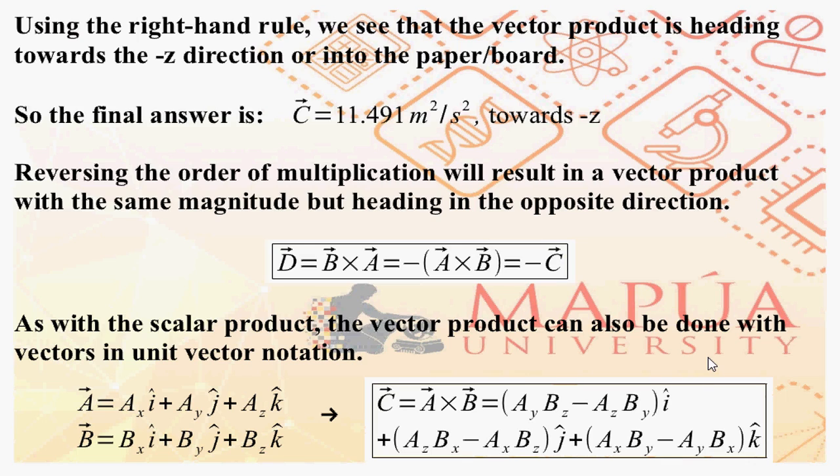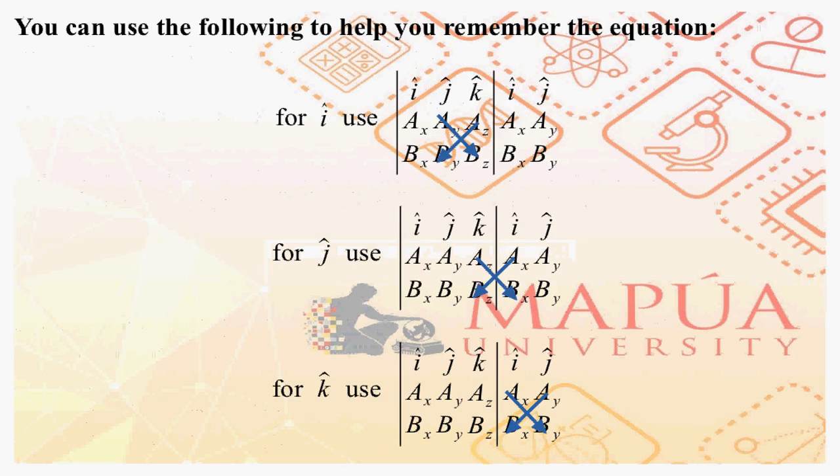You can memorize this equation for the vector product with unit vector notation, or you can use the following matrix method to help you remember or to help you derive the equation.